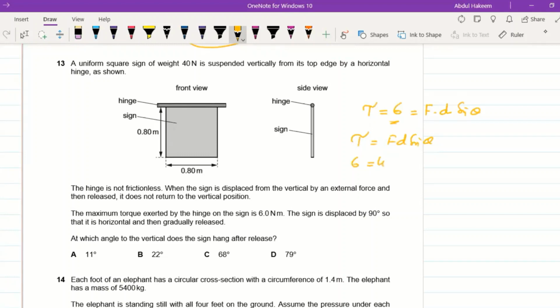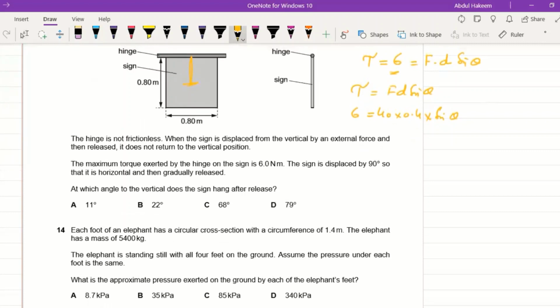And the force is actually the weight of the sign, which will bring the whole sign back. That is 40 Newton. And its distance from the pivot is half of this 0.8, so it's 0.4, multiplied by sine theta. Actually, we have to calculate theta. So 6 divided by 40 times 0.4, and its sine inverse is theta.